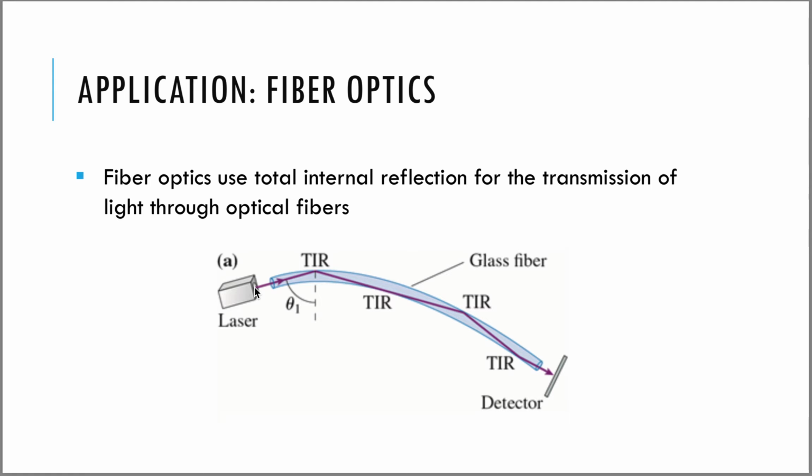So when the data is transmitted, you have very little loss into the surroundings, and all of it keeps going through and getting reflected until it gets to the detector. So total internal reflection is how we transmit that data without a lot of it being lost.